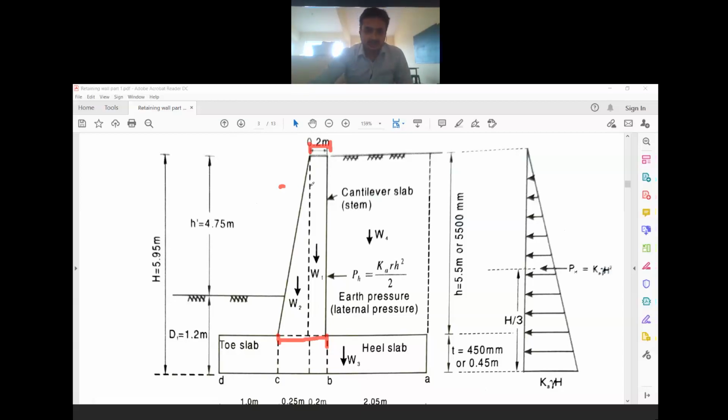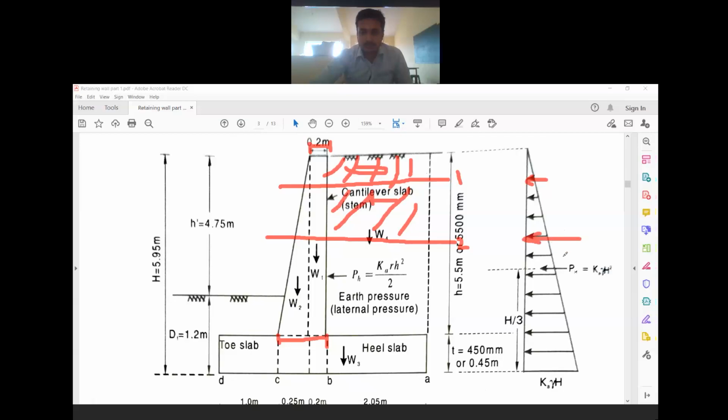If I stand at this point, I will be carrying this much load, so only this much pressure is exerted on the retaining wall. If I go still deeper, if I call this section 1 and I am at section 2, I will be carrying this load plus this much soil weight. Here the pressure will be much higher.